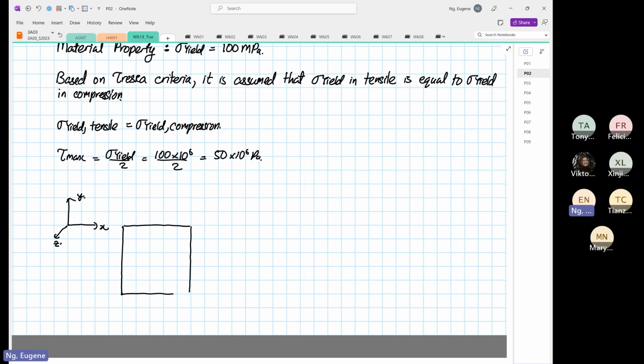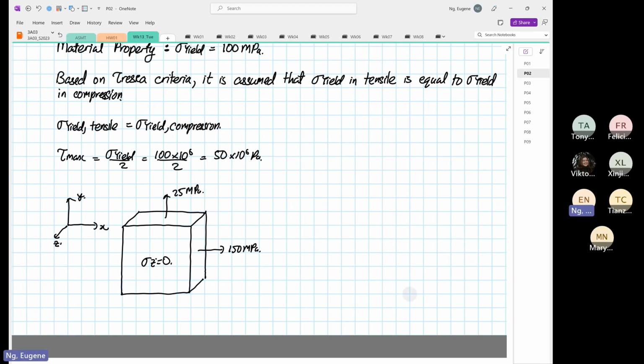Now this is better. So we know that this is equal to 150 megapascal, and we know that this is equal to 25 megapascal. And the stress Z is equal to what? 0.